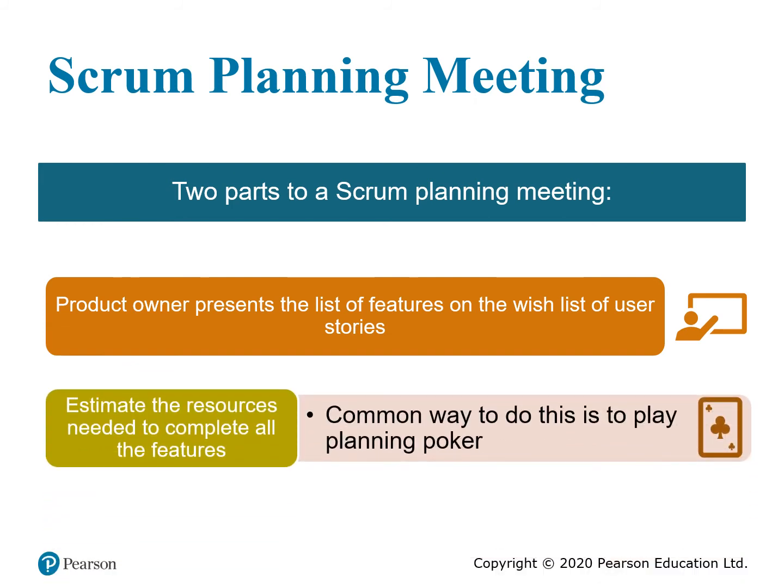And then from that we create the estimation process, estimating the resources needed to complete all of these features on the product backlog. The common way to get the estimation is to play planning poker, a card game, where we try to bring consensus between the team.